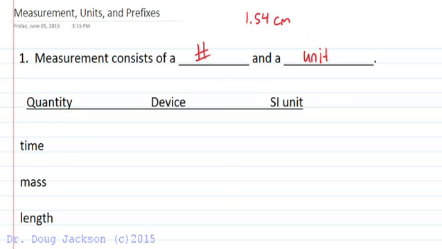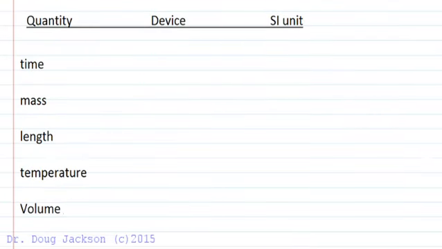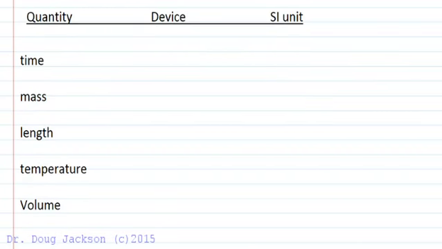So any answer that does not have a unit gets a -1 on every problem. Okay, so make sure that you're writing units every single time that you give an answer. So with measurement, there are certain quantities that we measure in lab and around the scientific community.